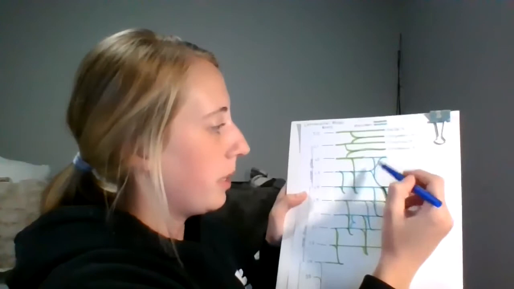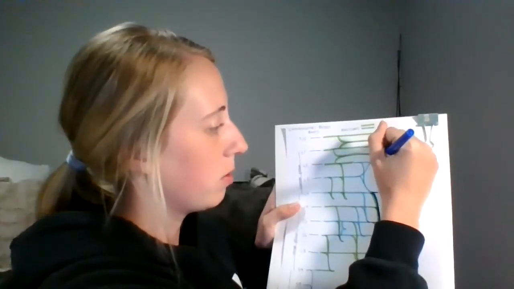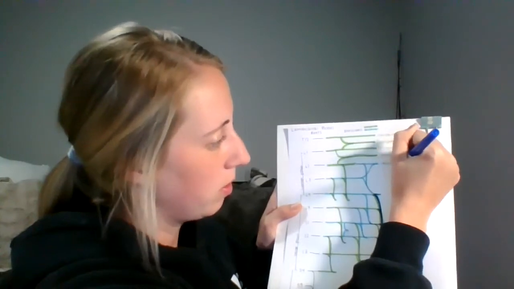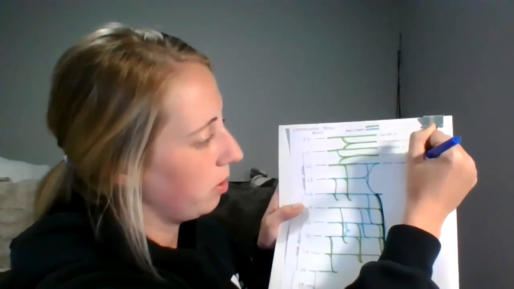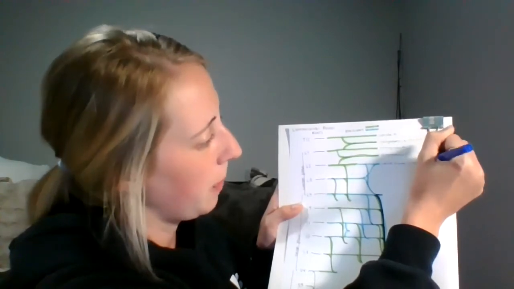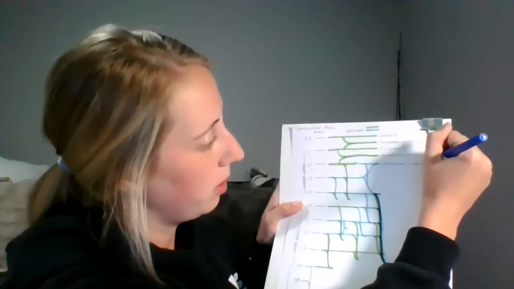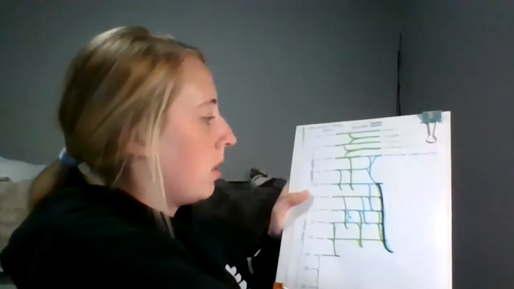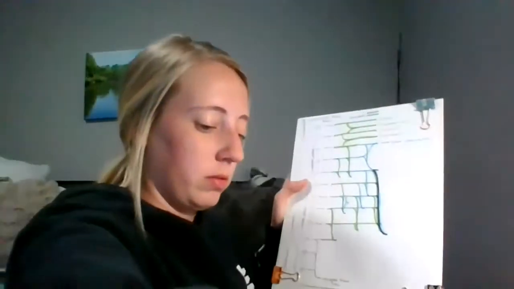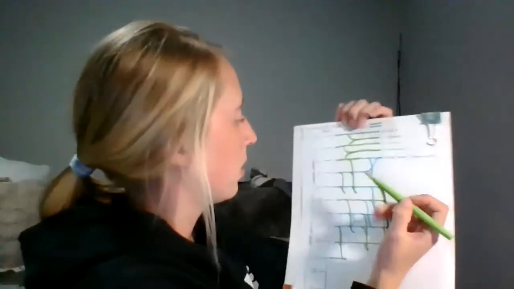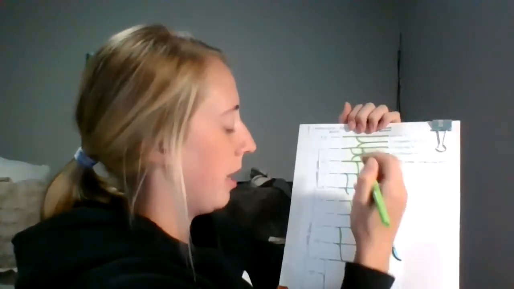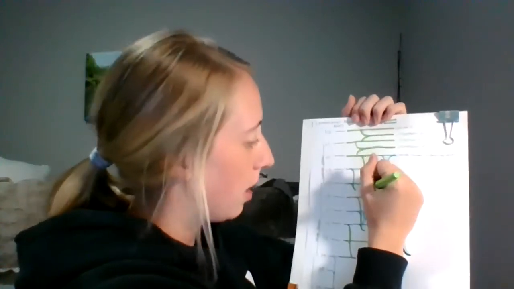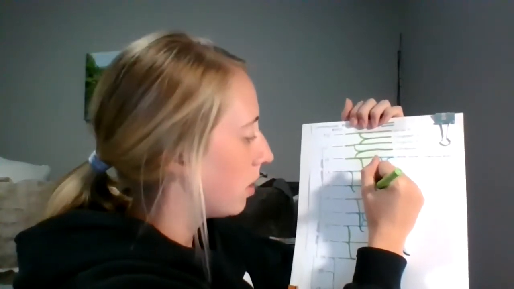From L2 and L3, we have the lateral femoral cutaneous nerve. That is L2, L3. And then from L2, L3, and L4, L2 to L4, we have the obturator nerve.